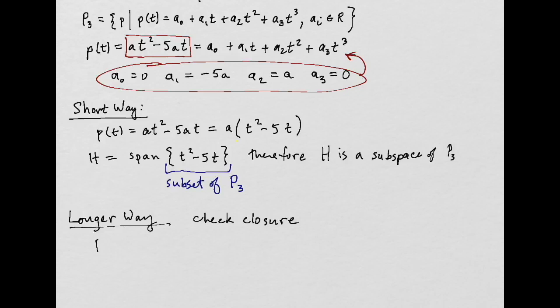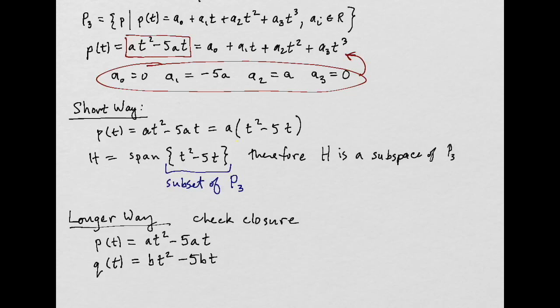So we've already got p of t, which is a t squared minus 5at. Now a is just a parameter, it could be anything. So here's another polynomial, we'll call it q of t, and I'll say it's b t squared minus 5bt. Notice the 5 has to be the same in both polynomials.